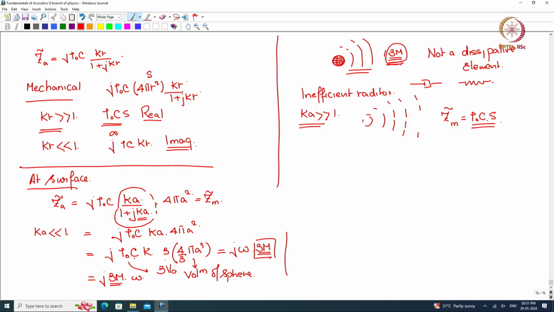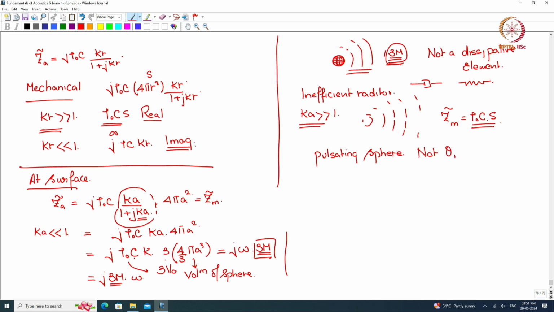So that's the pulsating sphere, your first source. It is uniform, so it has no theta or phi dependence.